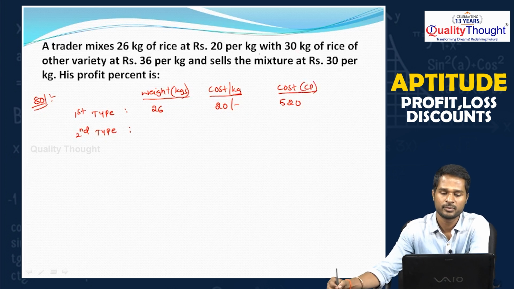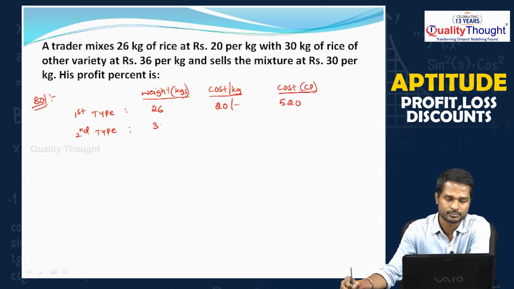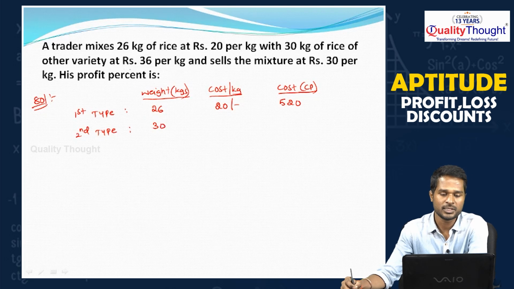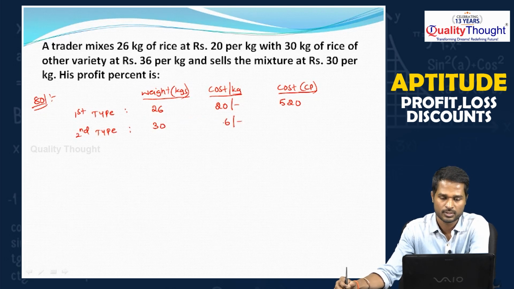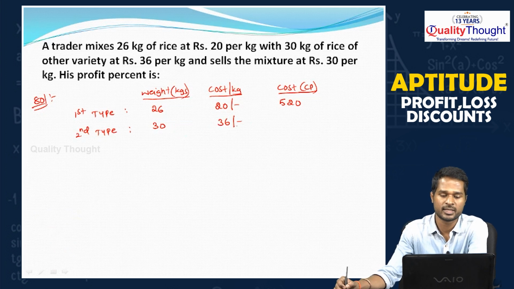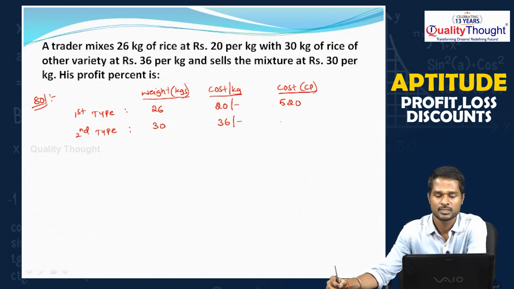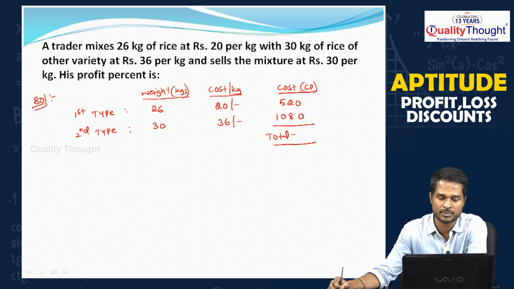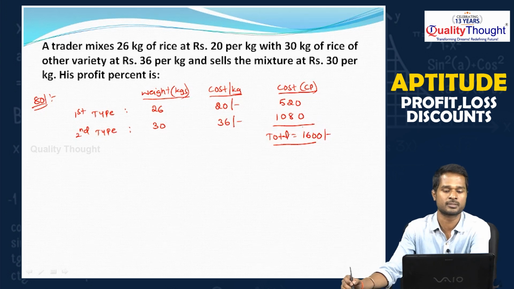And second type, 30 kgs at 36 rupees per kg. So, total 30 kgs, each kg is 36. 36 3s are 108, and 36 30s are 1080. So, this is the total cost price for both types of rice: 520 plus 1080 will be 1600 rupees.